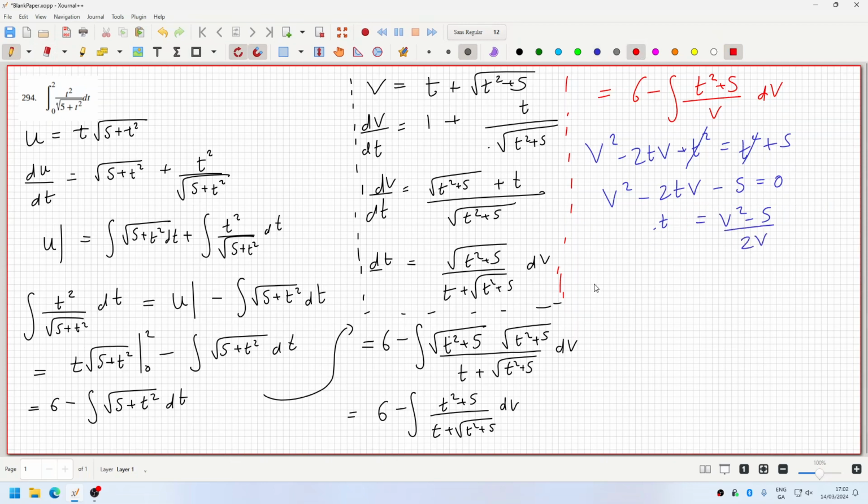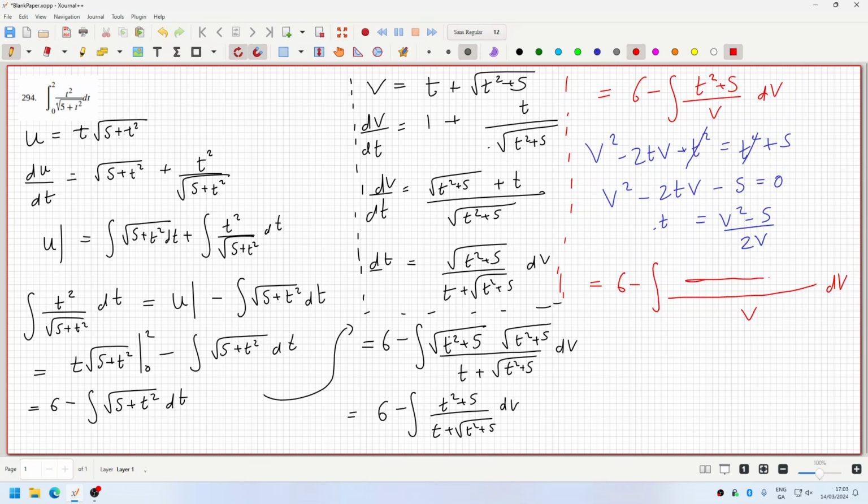Okay, now I can go back to the integration. 6 minus the integration of t squared plus 5 over v dv. And then we want to square this.